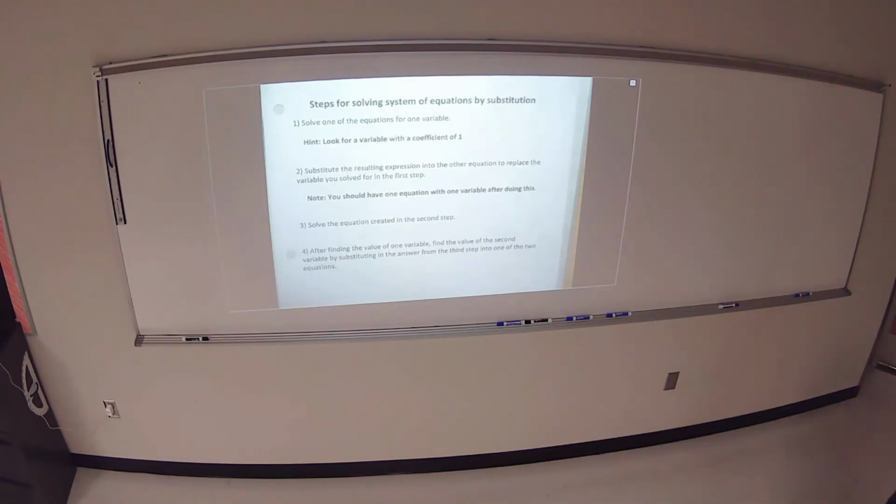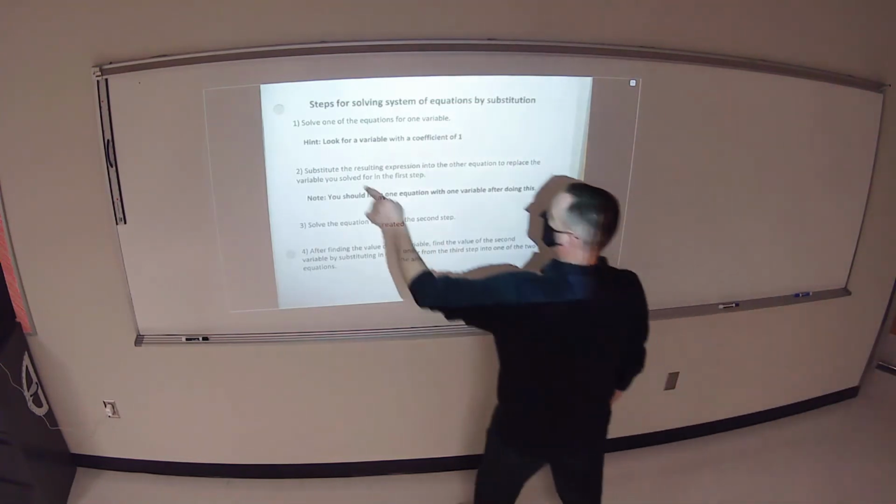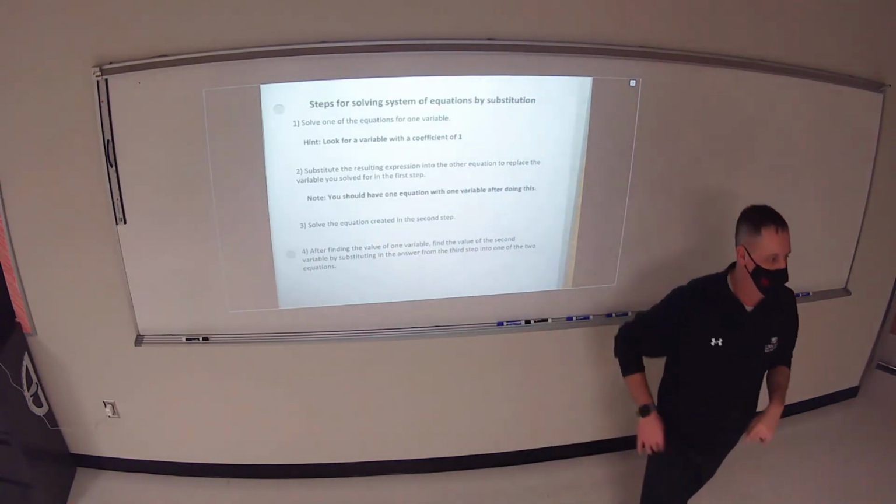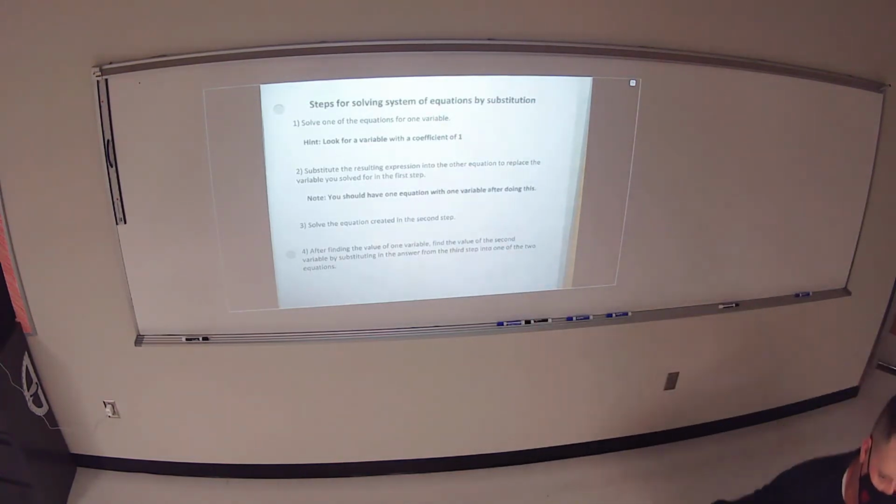I've got four choices to use. Here's my suggestion. I always look for a variable that's got a coefficient of 1. When I say coefficient, what do I mean? What's the word coefficient mean? This is a word actually from last year.